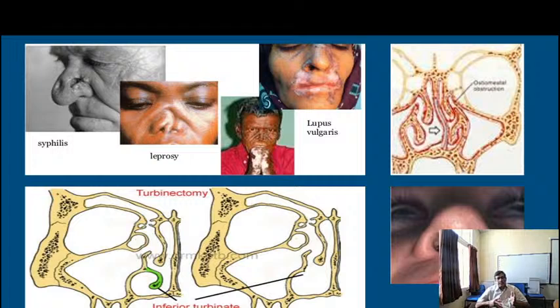So all this is removed, and so in the iatrogenic conditions, after taking away these turbinates, either inferior turbinate or middle turbinate, they produce atrophic rhinitis.